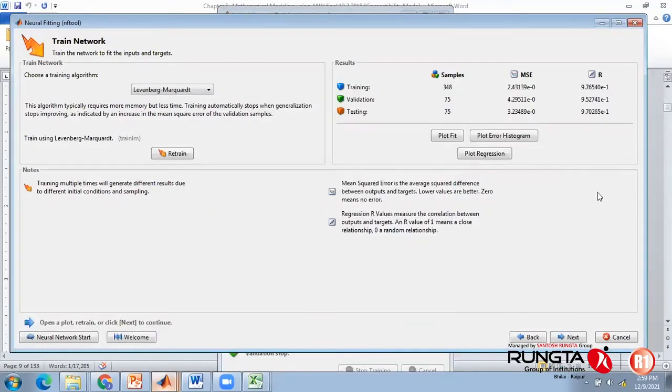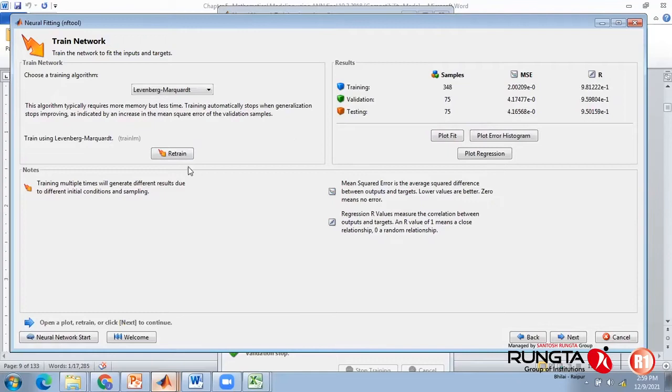It will change. So it improved a bit: 0.9765, 0.9527, 0.970, and a similar improvement in MSE also. Let me retrain it again. Okay, slight change in this. Let me retrain it again. Again, this is changing.